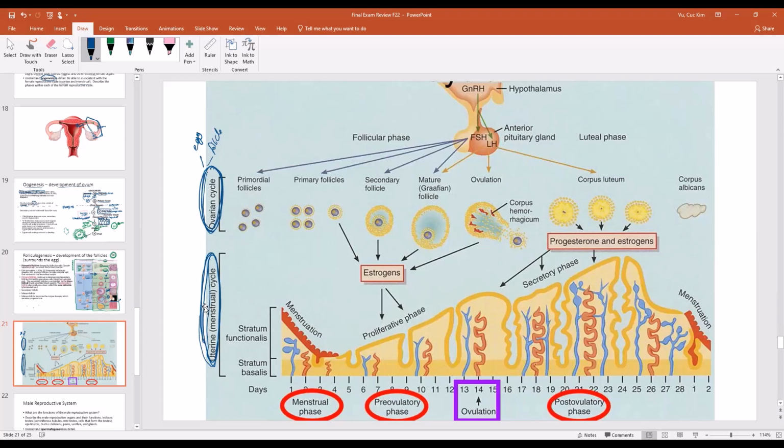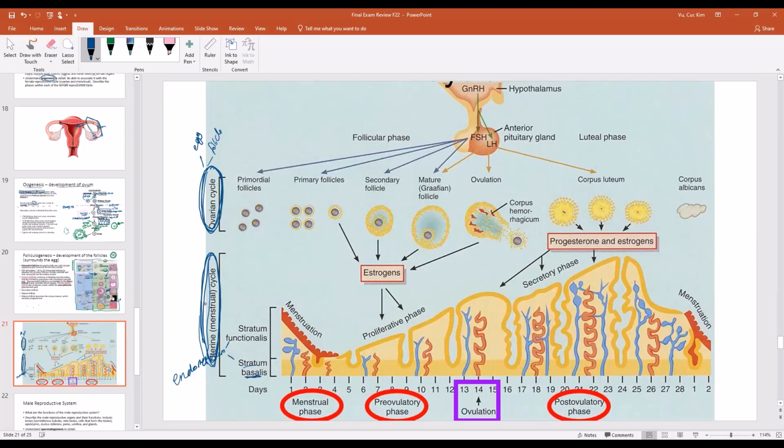Hopefully you've read and learned that the uterus has the endometrium, which consists of two layers. The stratum basalis is always there.